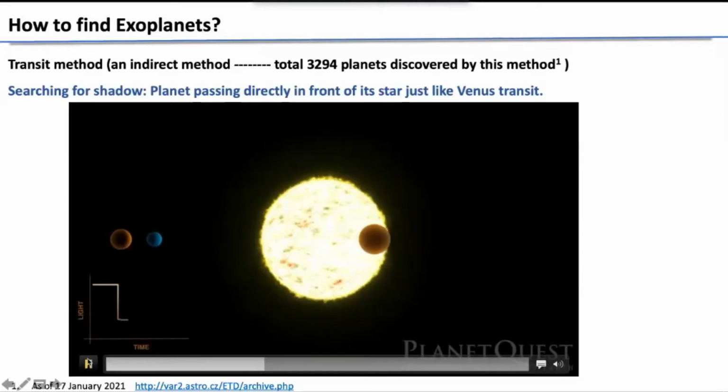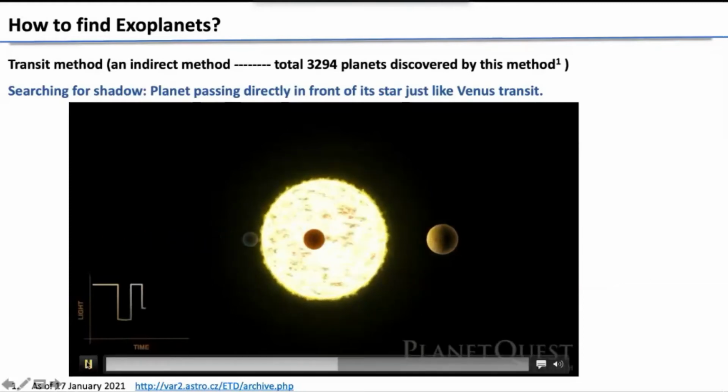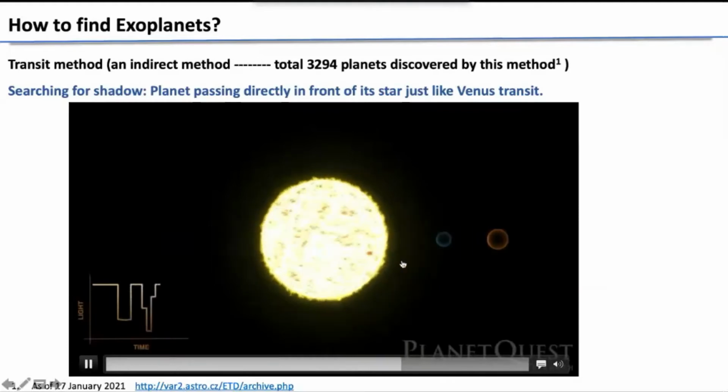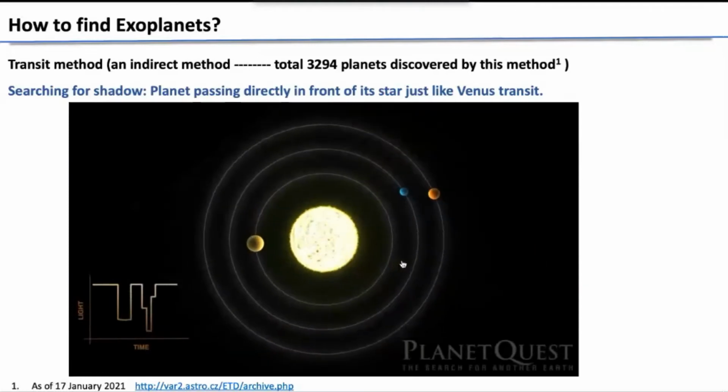Obviously, you need to do several observations to be sure that these are planets orbiting the star. If you have multiple exoplanets, your light curve will show the signatures of all of them. So with this method, you can see how far an exoplanet is, how many planets are in the system, and how big they are.